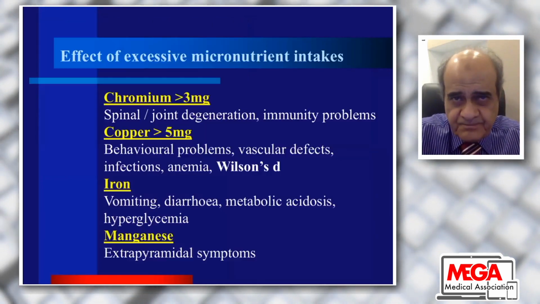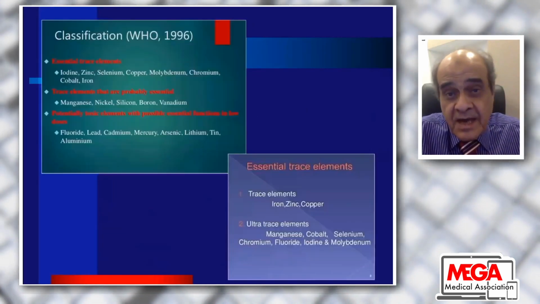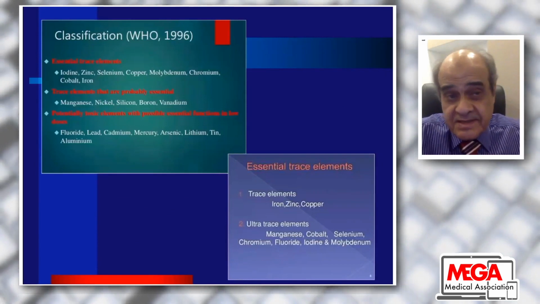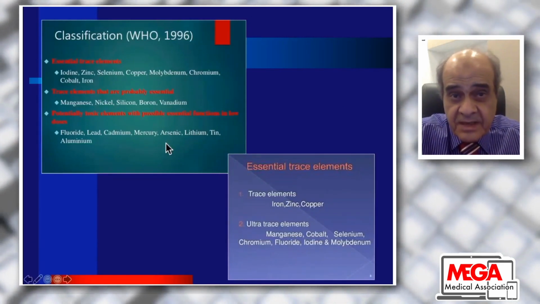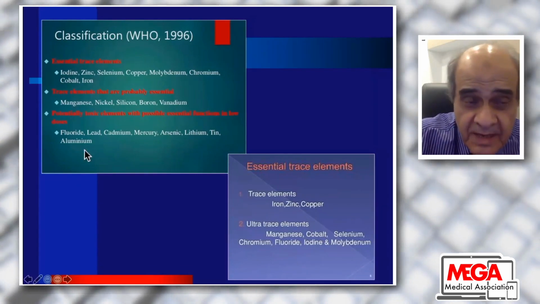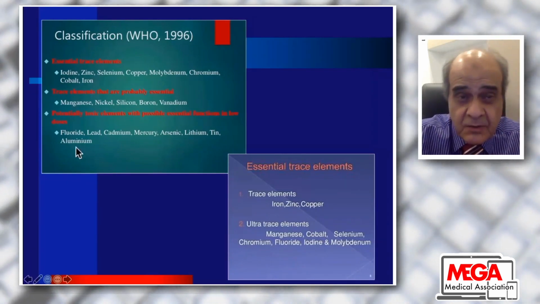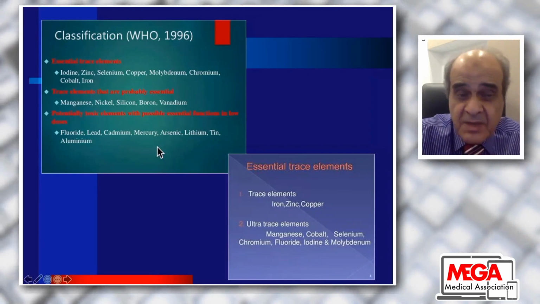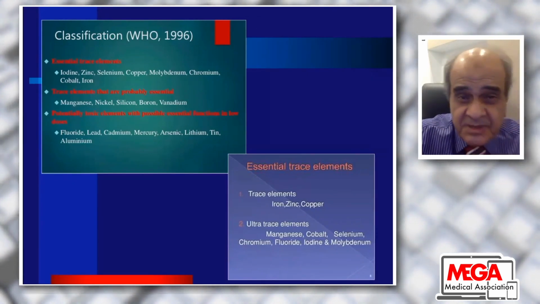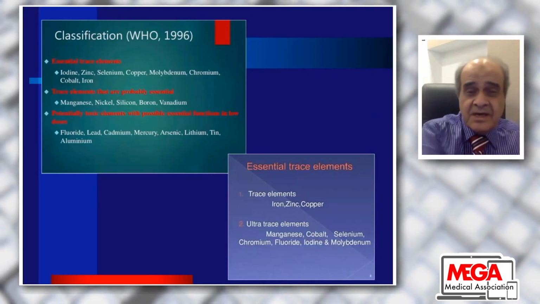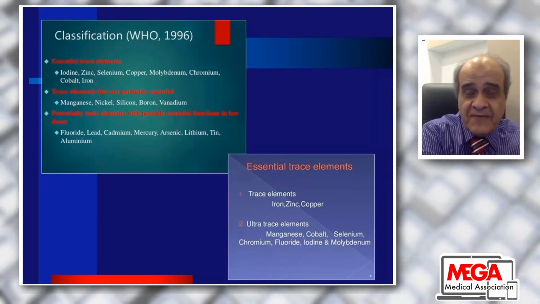And also there are toxic trace elements like fluoride, lead, cadmium, mercury, arsenic, lithium, and aluminum. These potentially toxic trace elements may be contained in some containers, and the patient may be subjected to them, especially if he takes some preferred formula from outside.